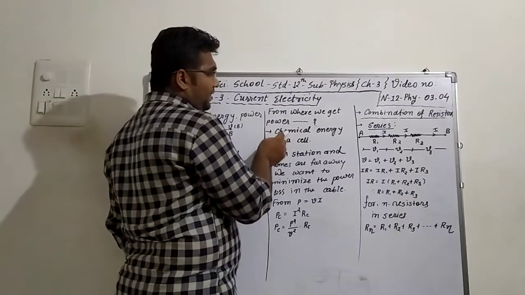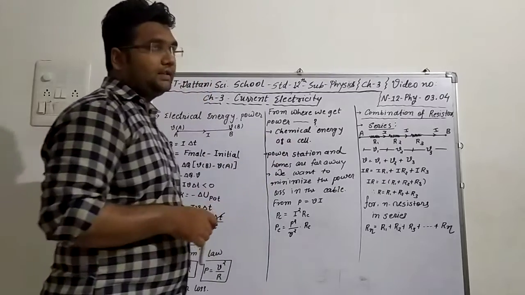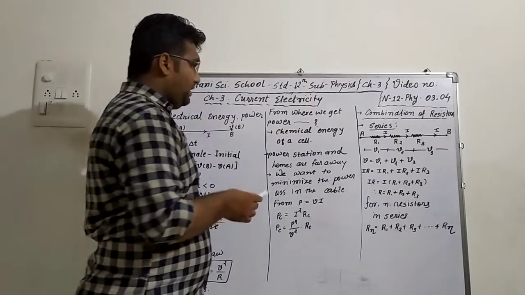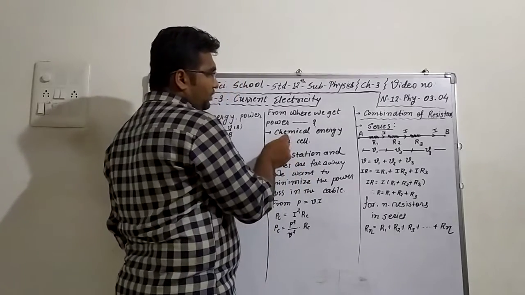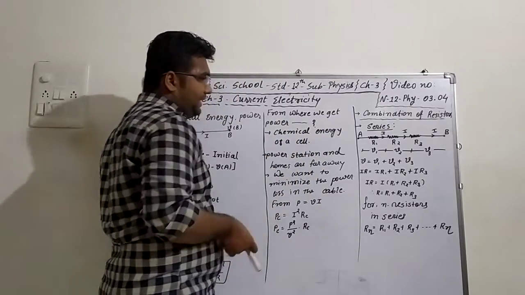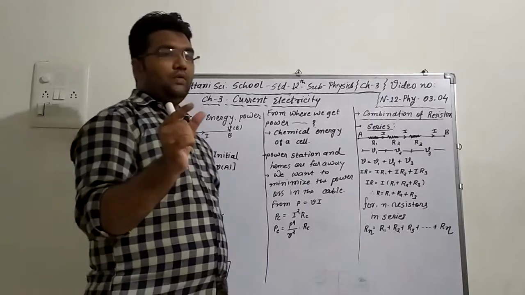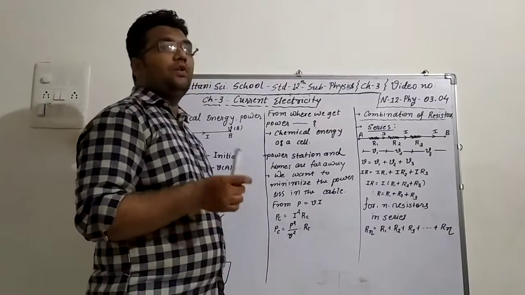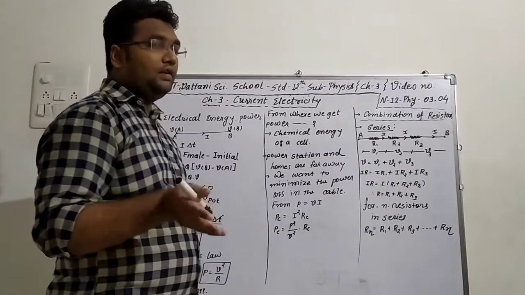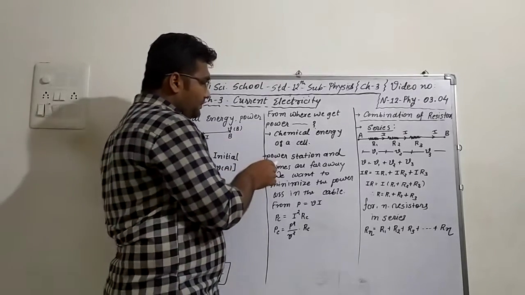In that dry cell, a chemical reaction occurs and we get energy, mechanical energy, kinetic energy, etc. So this is the chemical energy of a cell. From the cell, we get different types of energy which come from the chemical reaction.